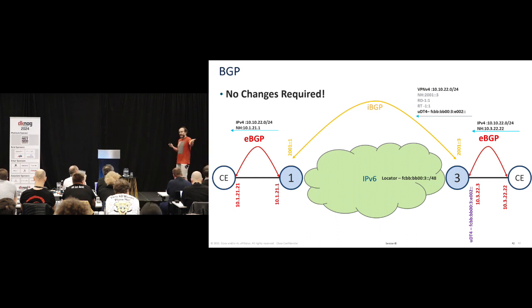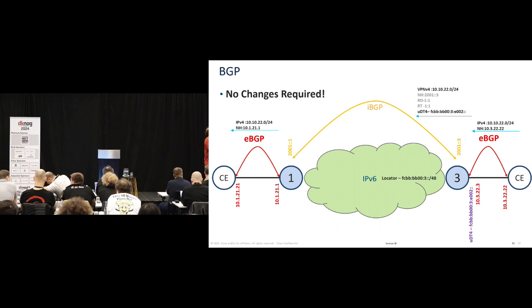Same address family, same route target, same route distinguisher, same sets of route targets. Only thing we are advertising on top is that SID TLV function, nothing else with the structure, right? So the egress PE will advertise the function together with the prefix.